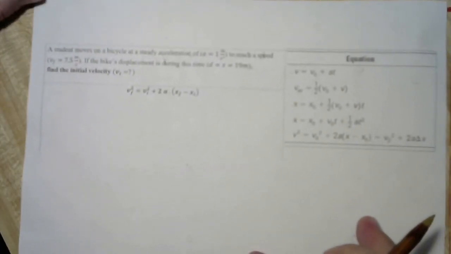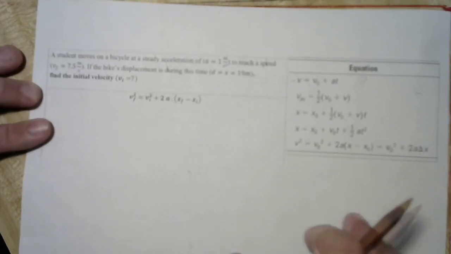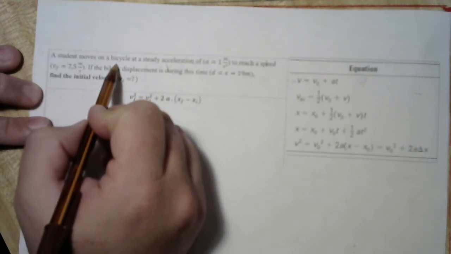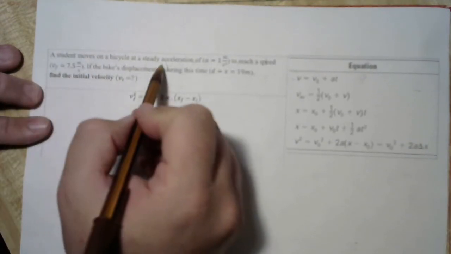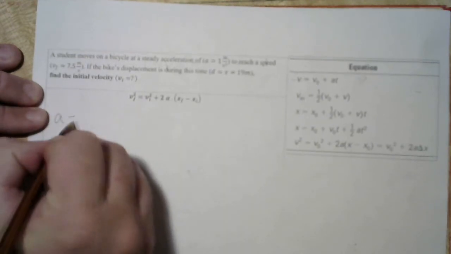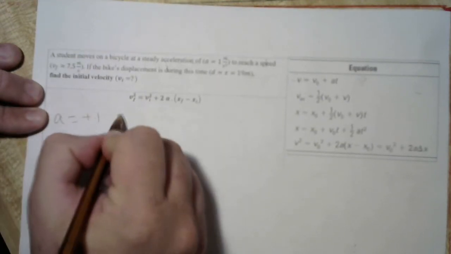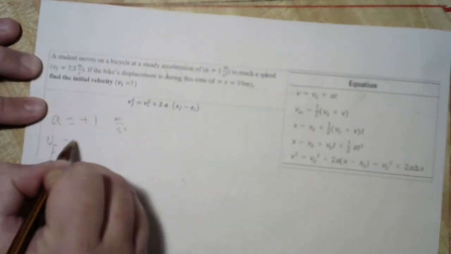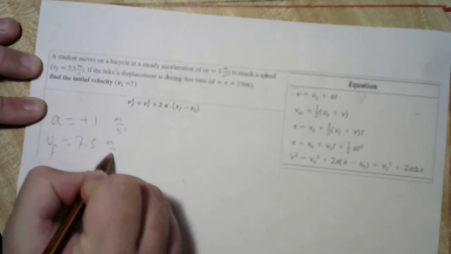Now, this example: a student moves on a bicycle at a steady acceleration. The acceleration is equal to plus 1 meters per square second, to reach speed V final, V final is equal to 7.5 meters per second.